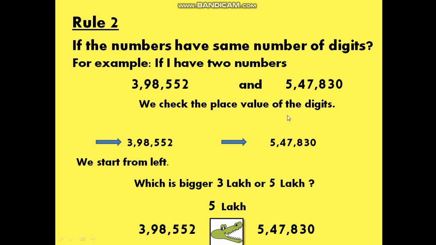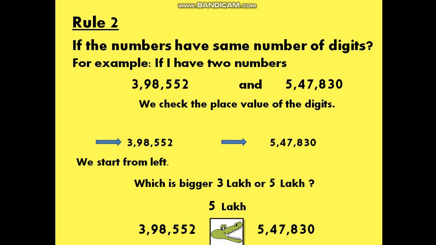So what do we do here? We check the place value. I'll tell you one way. You write the places of the digits on the top. I have told you to do so earlier also while writing the numerals or number name. This will always be easy for you.